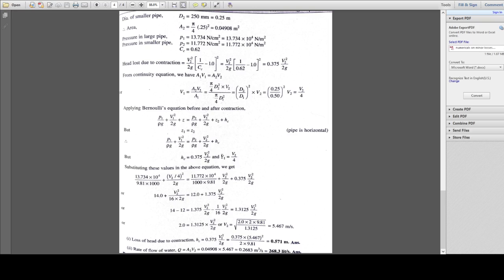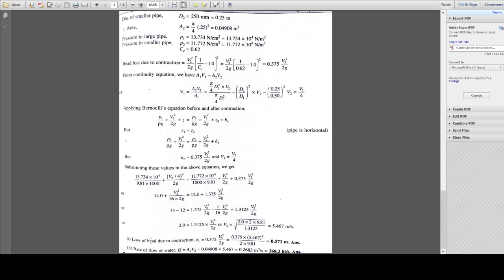So substituting, we will get the value of V2, because in HC there is V2 and also in V1 there is V2. So substituting these values, we will get an expression having one unknown, that is V2. So we will get the value of V2 by calculating as 5.467.